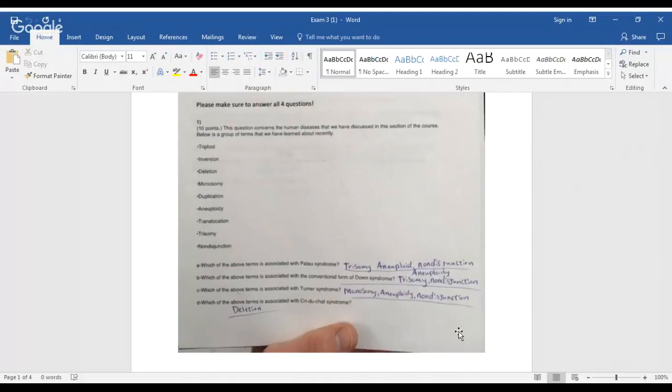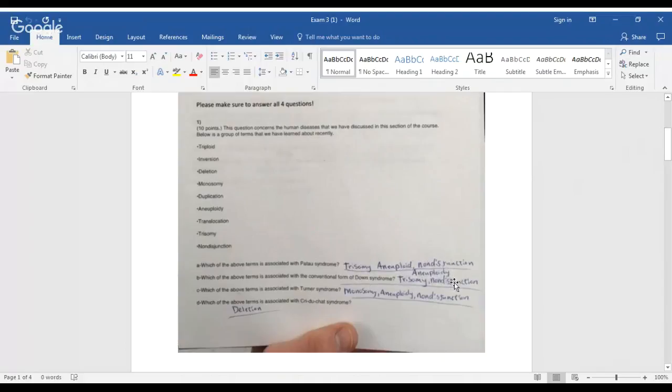And so somebody with a trisomy would have plus 1 chromosome, and a monosomy would be a minus 1 chromosome. And so you'd either have 47 or 45, depending on that. And so for the trisomies, we know they have 47.